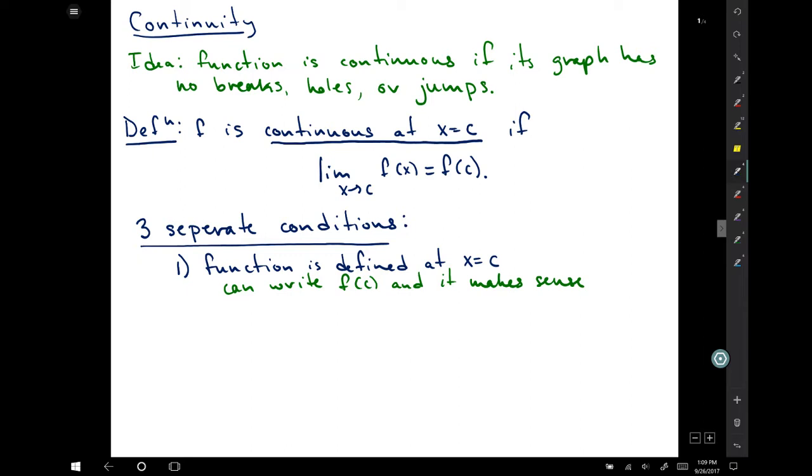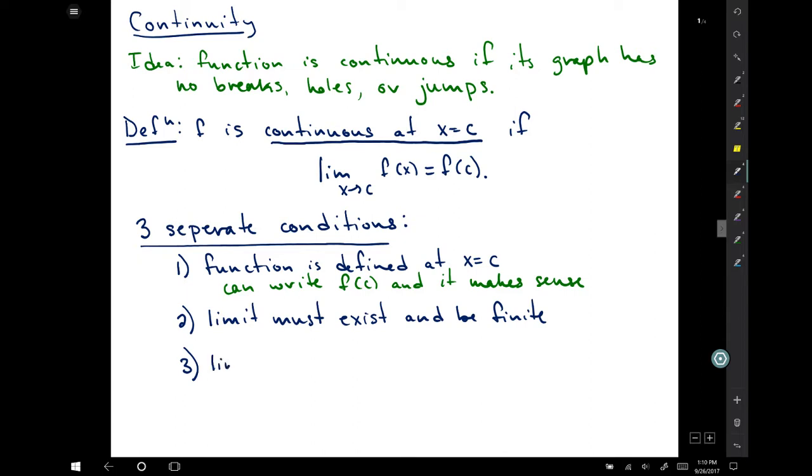The second thing is that the limit actually has to exist. So the limit must exist and be finite, because 3, we want it to equal the value f of c.